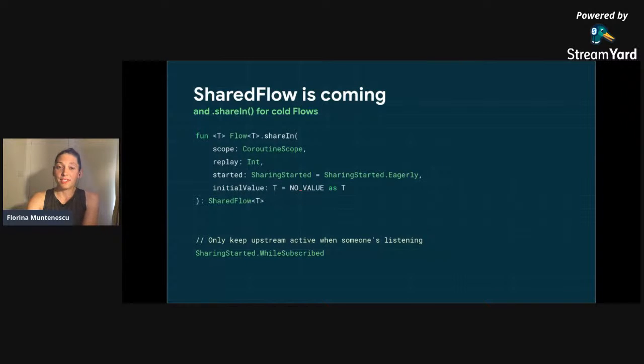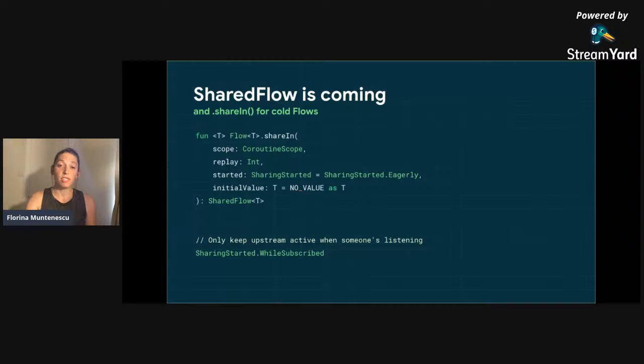Okay, there's one more thing I wanted to mention, and that's SharedFlow. Next to StateFlow, this was another highly requested feature for flows. And this is to be able to take a flow and share it between multiple subscribers. In the case of our location flow, for example, creating a new flow is not that bad because we're just registering a listener to the location API.